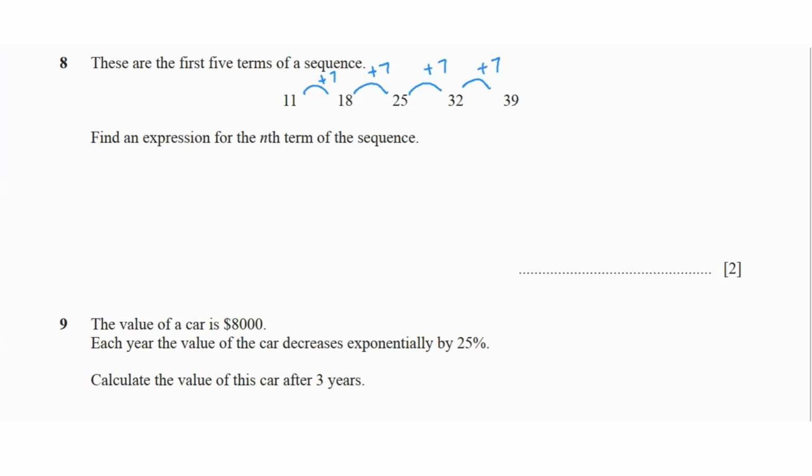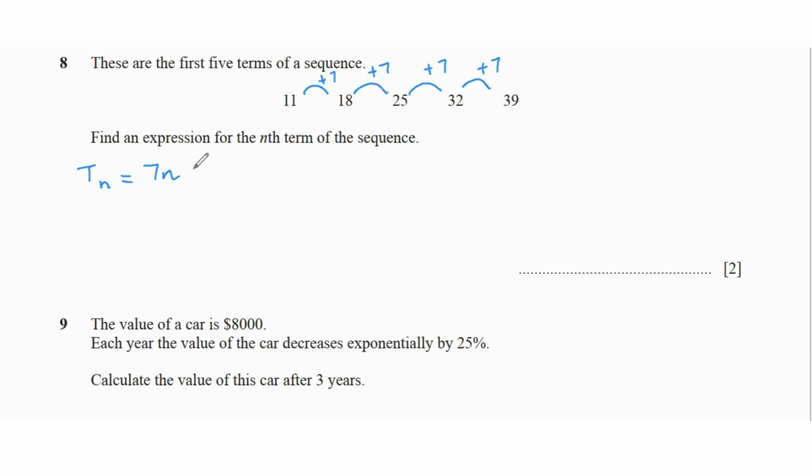Whenever we're trying to find the nth term of any sequence, especially a linear one, always start with finding the common difference. And once you've done that, multiply the common difference by n. So that's going to be 7n over here. If the common difference was being subtracted, then you would make it negative 7n.